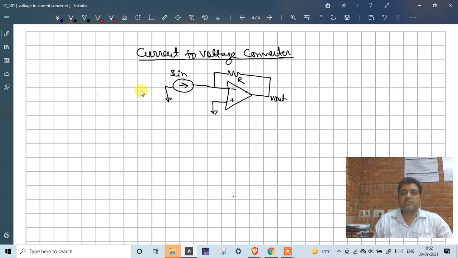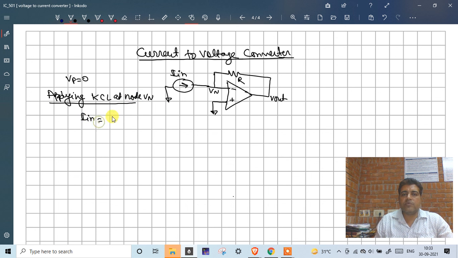Virtual ground exists. My Vp is equal to 0 because this positive terminal is grounded. So applying KCL at node Vn, what are we going to have?